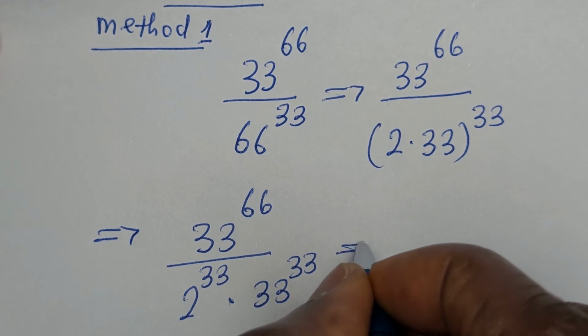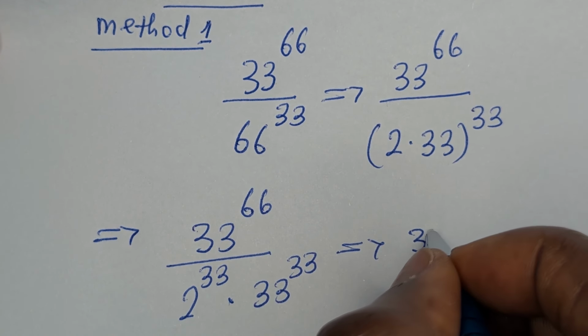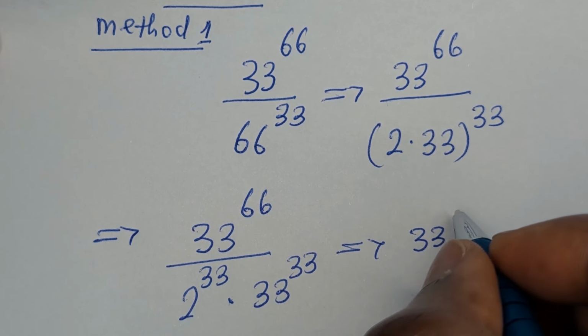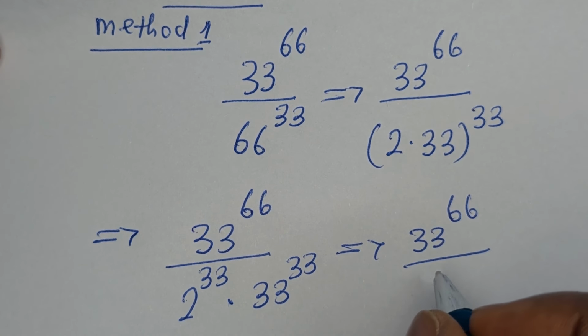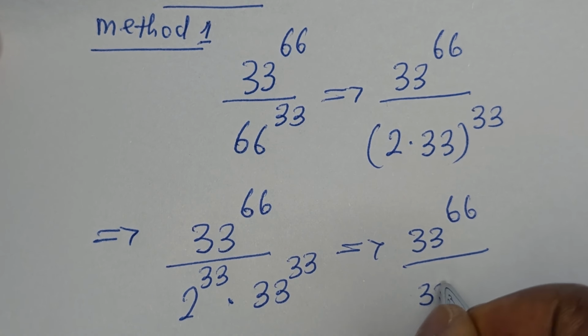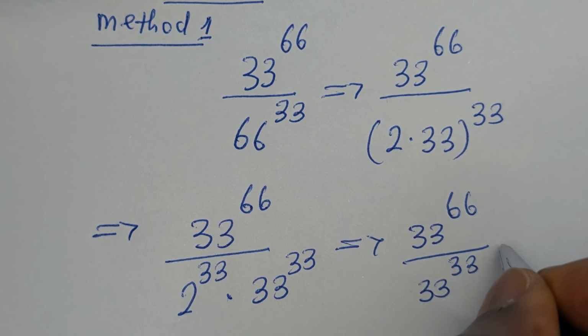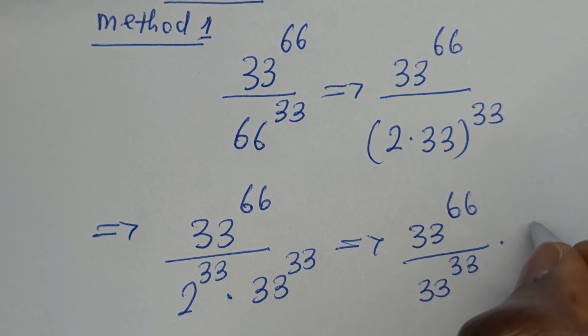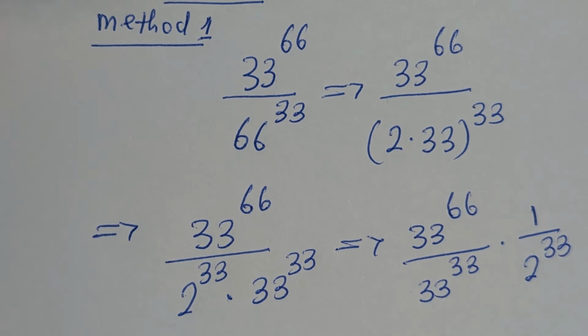And this is the same thing as 33 raised to power 66 divided by 33 raised to power 33 multiplied by 1 divided by 2 raised to power 33.